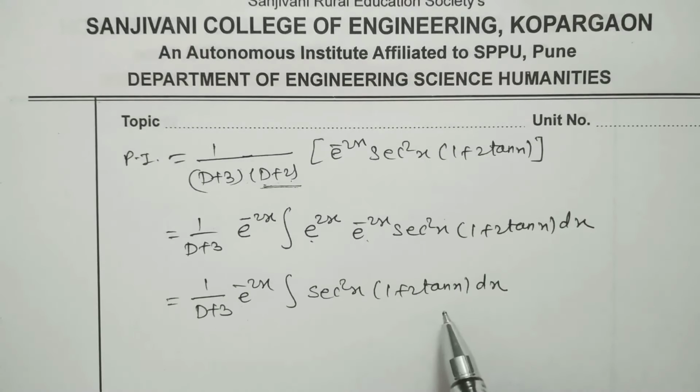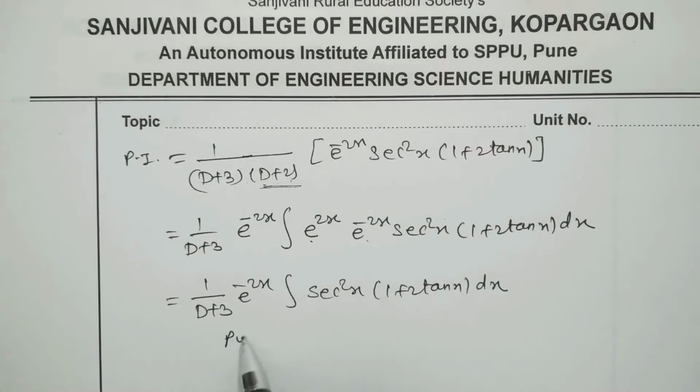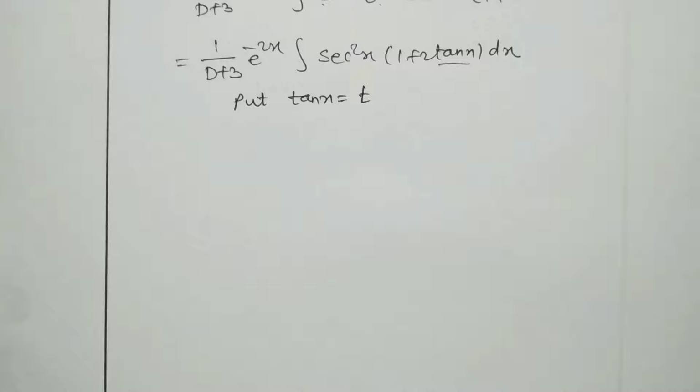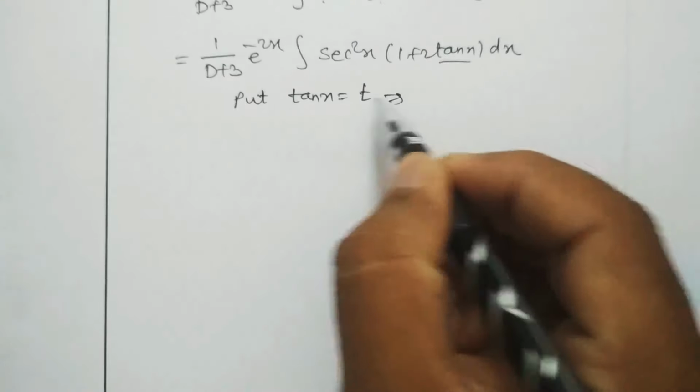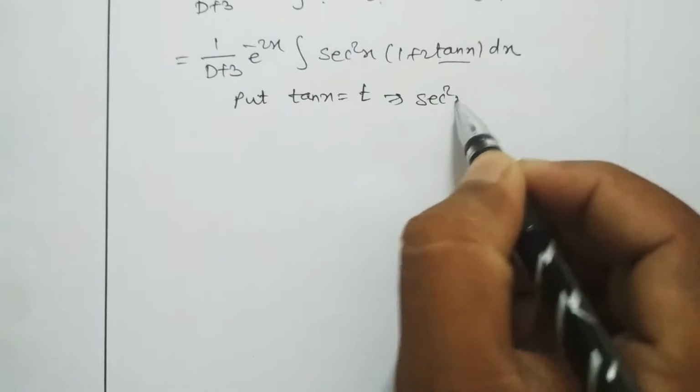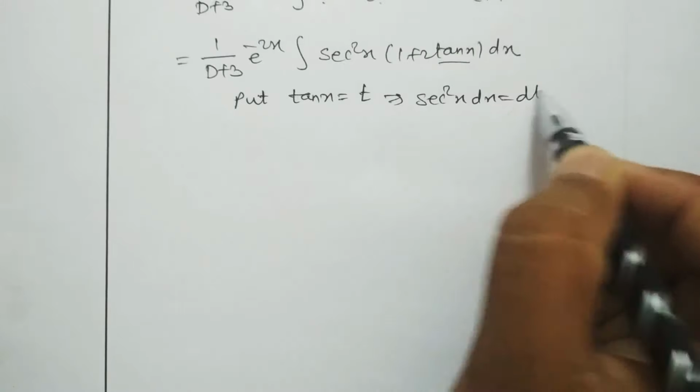To solve this integration, we use substitution. Put tan x = t. What is the derivative of tan x? sec²x dx = dt.